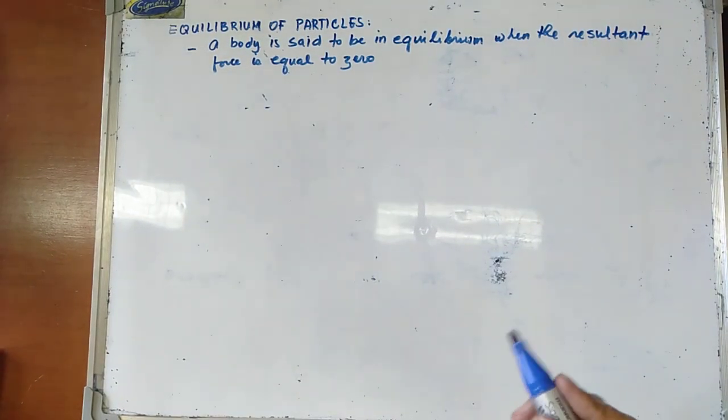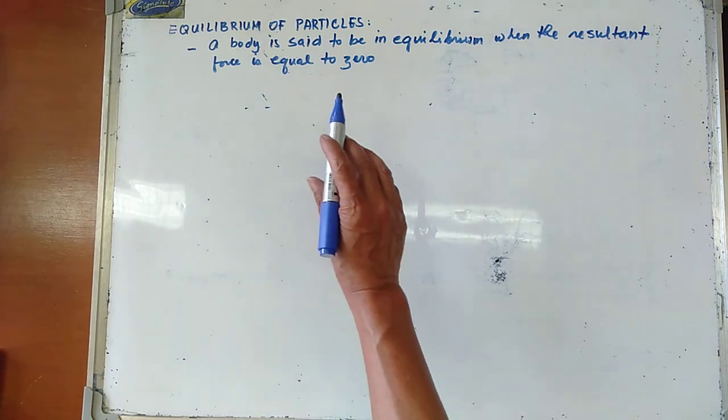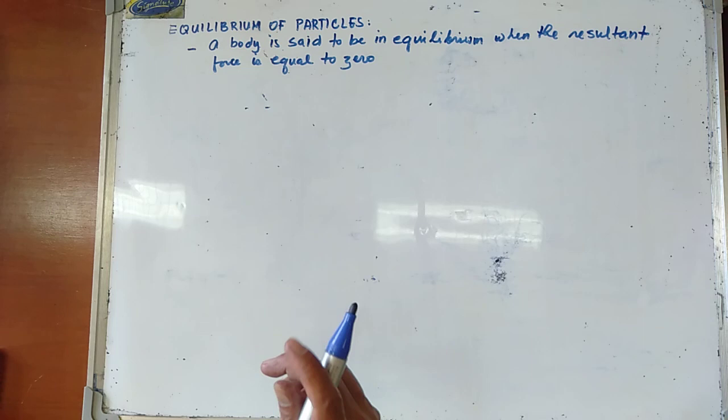Let us now proceed to the next chapter, and that is equilibrium of particles. Now, a body is said to be in equilibrium when the resultant force is equal to 0.